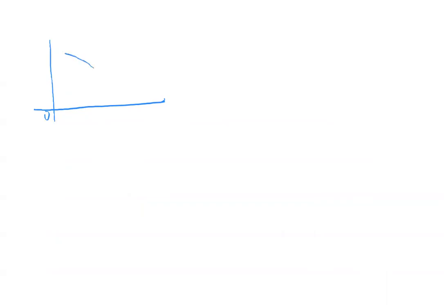This is the curve. The upper rectangle will look like that, the first one, and the second one will look like this. Correct? This will be the overestimate. And the underestimate will look like this.